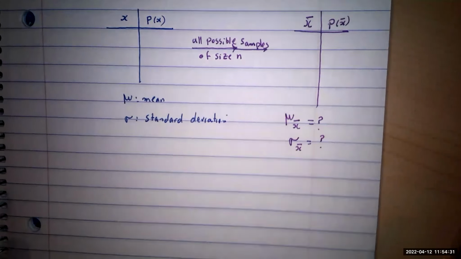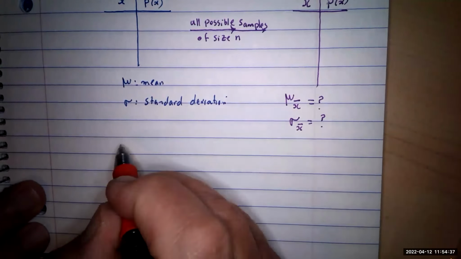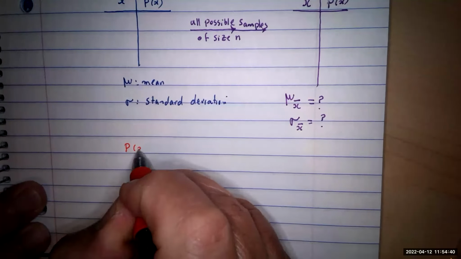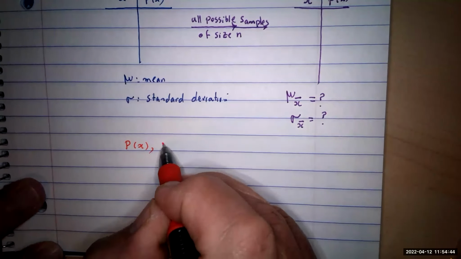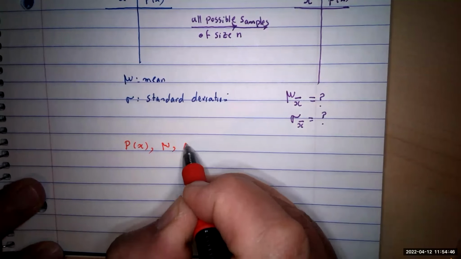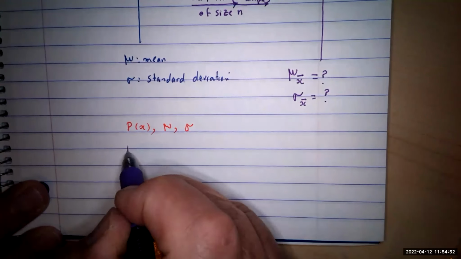Why are we interested in this? Because in the problems that we did so far, we had the probability, the mean, and the sigma, and then we were able to answer the problems. Now we are going to have a similar one, but with P of x bar.